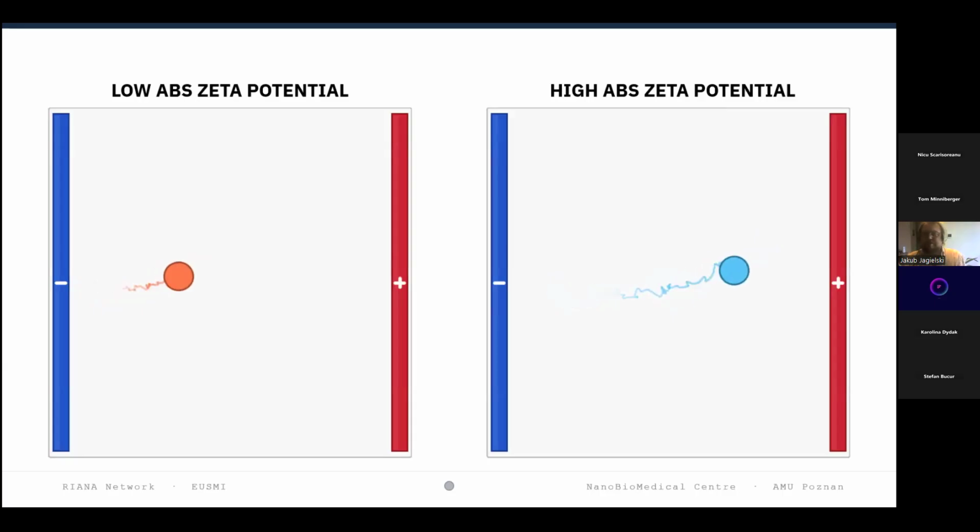On the right, a particle with high absolute zeta potential undergoes rapid directed migration towards the oppositely charged electrode. Higher absolute values of zeta potential correlate with enhanced colloidal stability, as the electrostatic double layer repulsion between particles provides a sufficient energy barrier against aggregation.